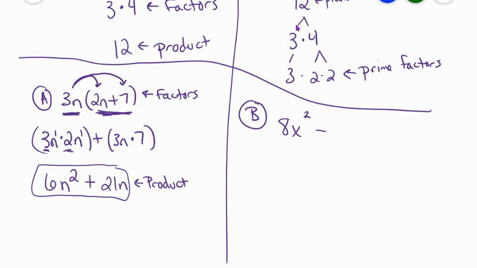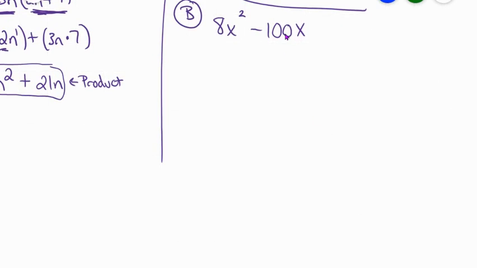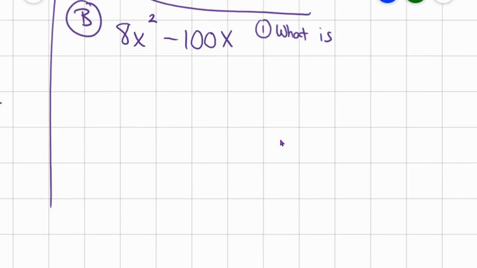8x squared minus 100x, if it is more than one term, then you need to find two things. You need to ask yourself, number one, what is the largest number? We're trying to look for what we call the greatest common factor.